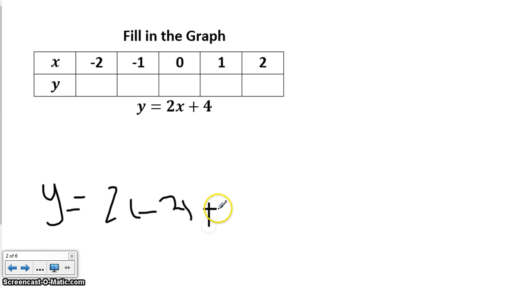Then you will get -4 plus 4, and then you will get 0.